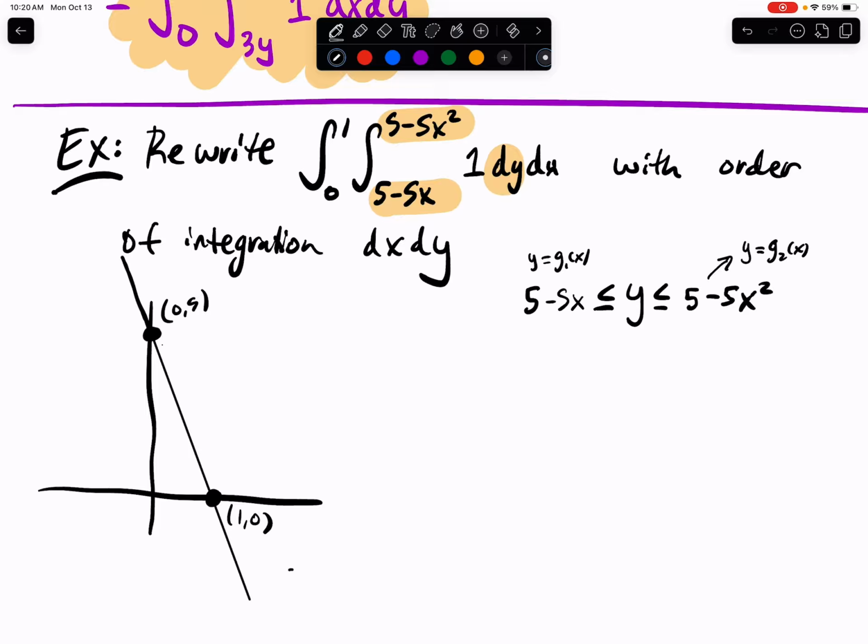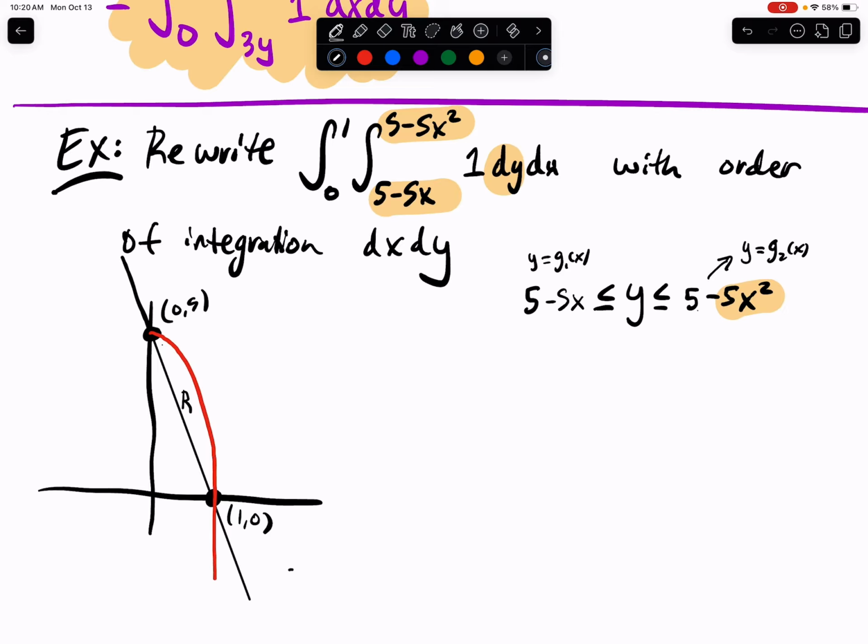And then the parabola, it's a sad parabola, negative 5 in front of, the coefficient for x squared, so it's, excuse me, concave down. And so, start at when x equals 0, we get 5, and so then it's going to curve down like this and crosses through. That's mighty convenient. All right, so my region R is that little region right there.